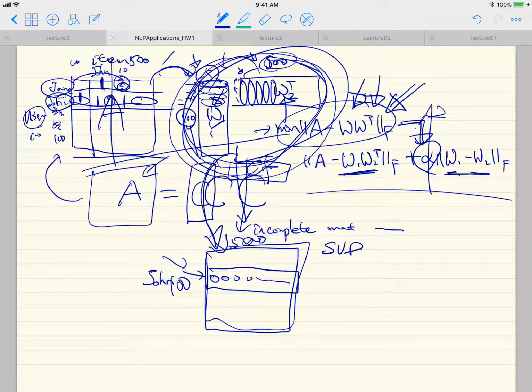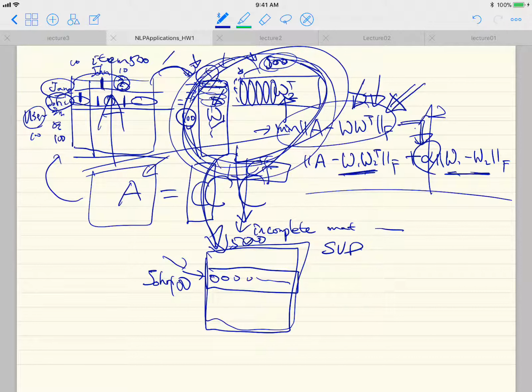For those movies he hasn't watched yet, we pick the movies that have the highest score. That is the predicted value of his preference for a particular movie. That's how we utilize collaborative filtering for the recommender system task.